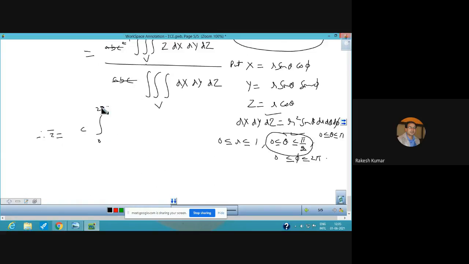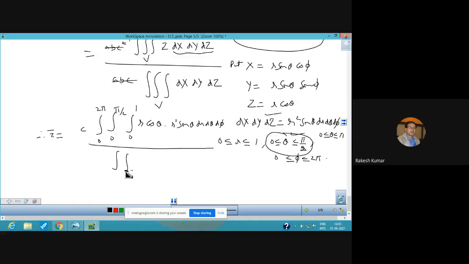Put the limits 0 to 2 pi, 0 to pi by 2, and 0 to 1. Your value of capital Z is r cos theta into its Jacobian. The value comes out to be r square sine theta dr d theta d phi.